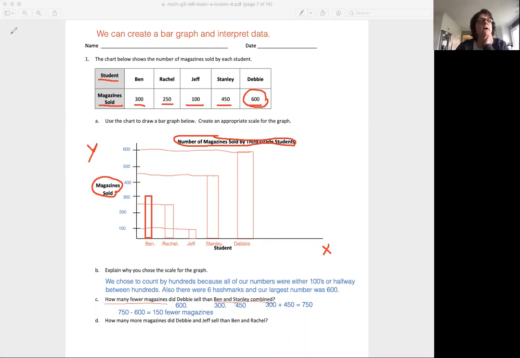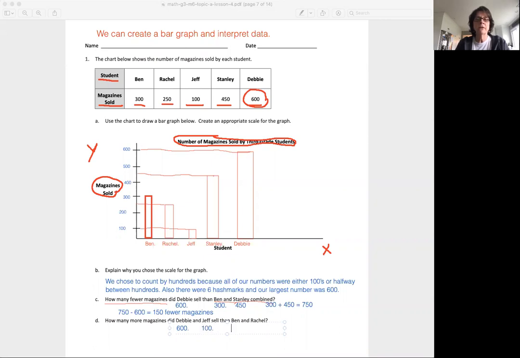All right, our last question reads, how many more magazines did Debbie and Jeff sell than Ben and Rachel? So I'm going to put Debbie and Jeff together, and then I'm going to put Ben and Rachel together. So again, to organize my thoughts, I'm going to write the number of magazines they sold underneath their name. So Debbie sold 600 and Jeff sold 100.